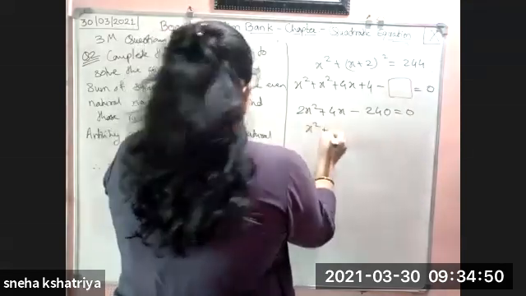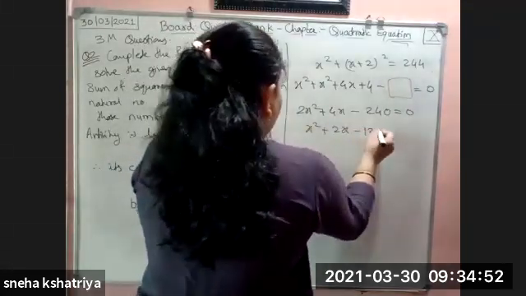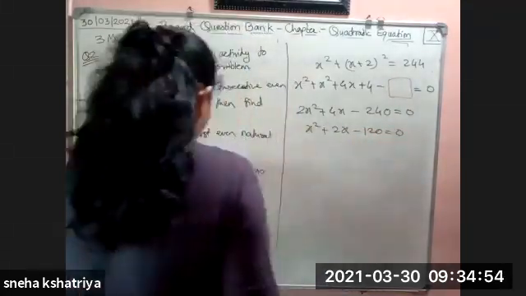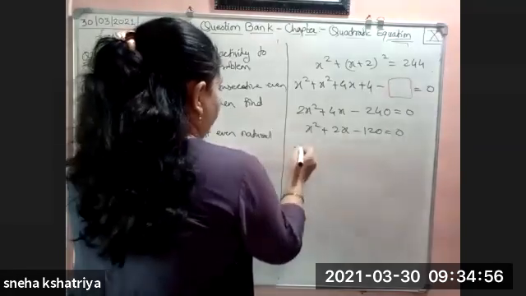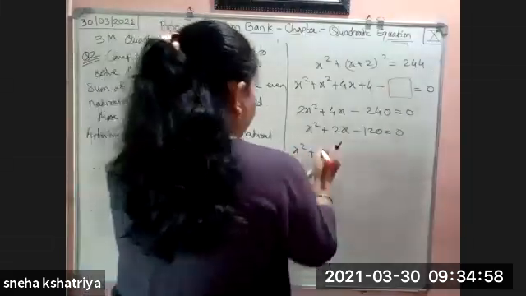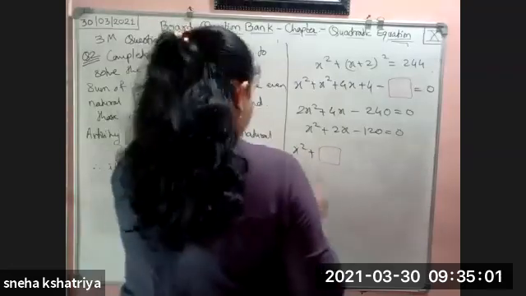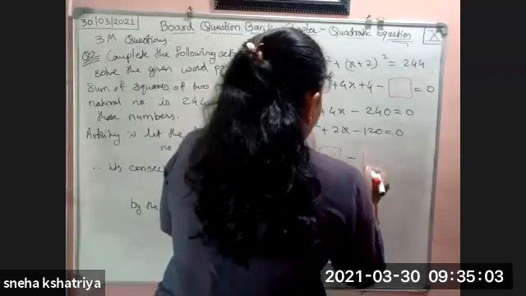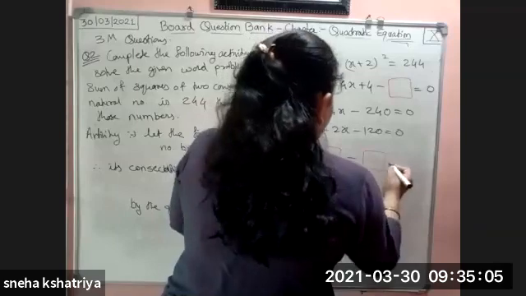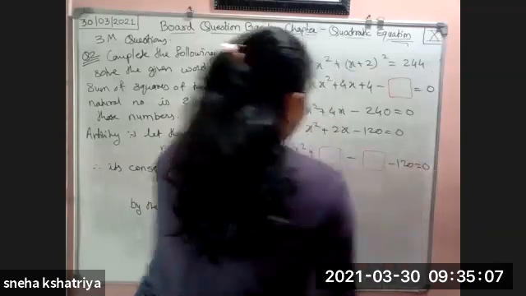Then x square plus 2x minus 120, which is equal to 0. Then x square plus the given box minus, again a box is given, minus 120, which is equal to 0.